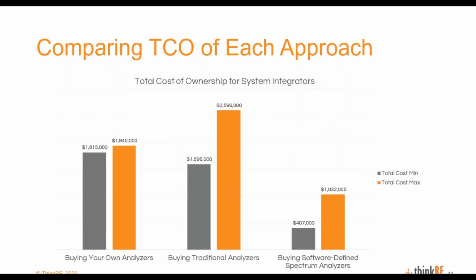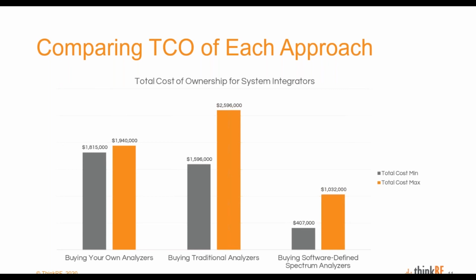So if you try to compare all of these approaches and look at the total cost of ownership for system integrators for each one of these approaches: buying your own analyzers on the left there, and what's shown in gray is the minimum cost, and what's shown in orange is the maximum cost.